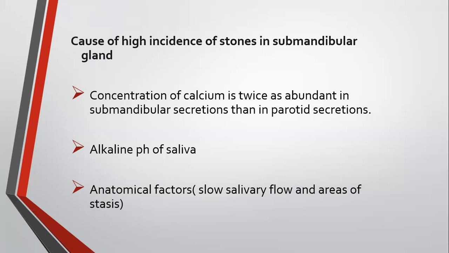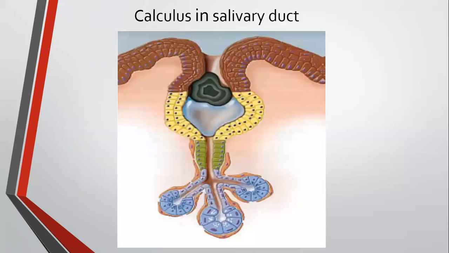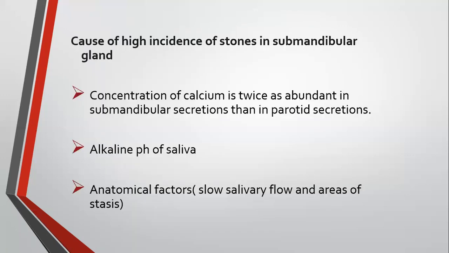So calcium is secreted there a lot, and there is an alkaline pH of saliva. A lot of anatomical factors also play an important role, like low salivary flow rate and areas of stasis. Basically, the saliva cannot pass easily, and there is a slow flow rate of the saliva.